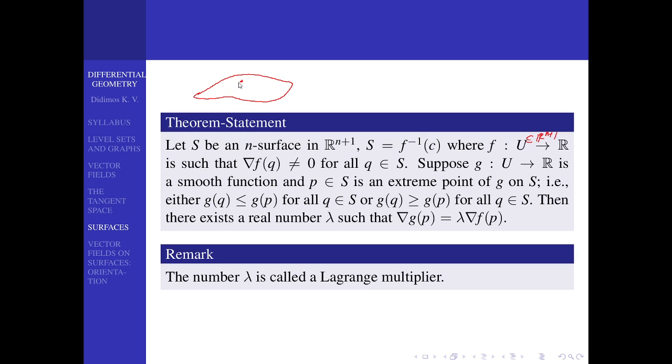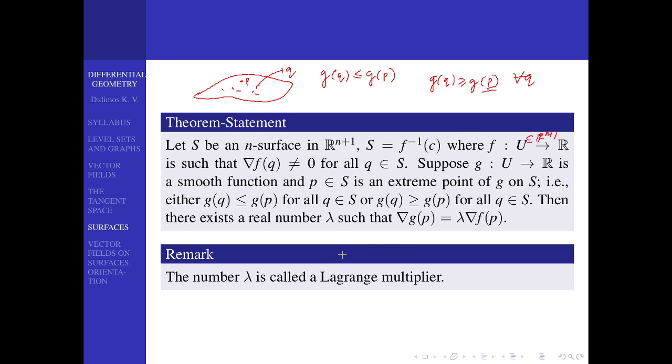If we choose this point p, and choose other points from the surface, q an arbitrary point of the surface, then g of q is always less than or equal to g of p. Or the other way around, we can write g of q greater than or equal to g of p for all q. Then this p is also an extreme point.